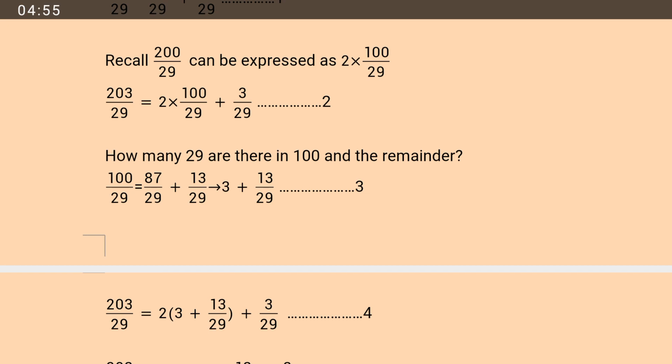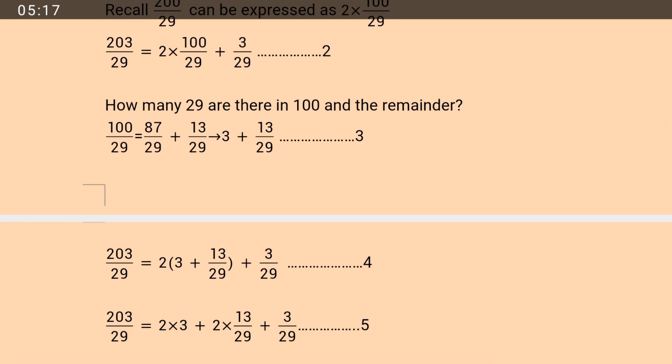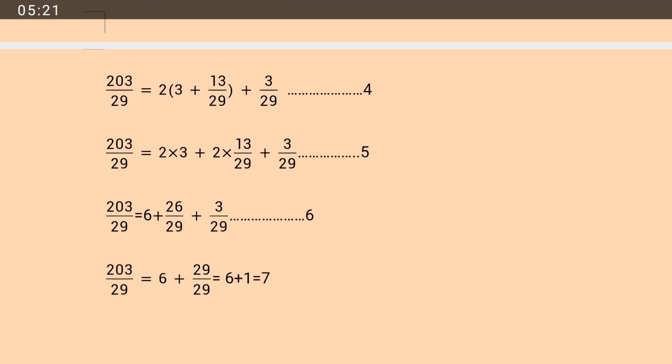We can split 100 into 3 parts of 29 plus a remainder of 13. So 100 over 29 is the same thing as 87 over 29 plus 13 over 29. So 3 times 29 will give us 87. That's why the expression becomes 3 plus 13 over 29. Now let's look at equation 4.